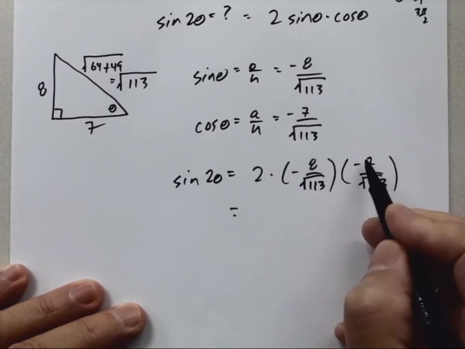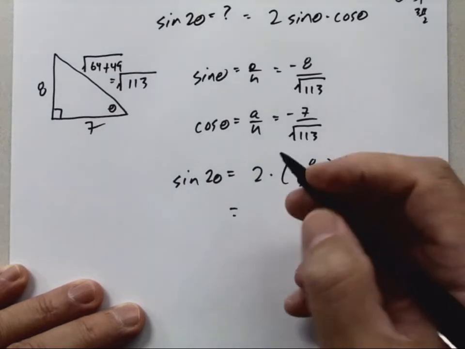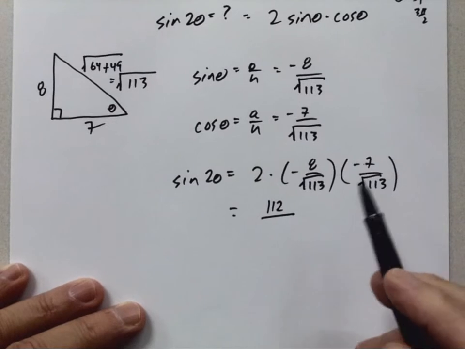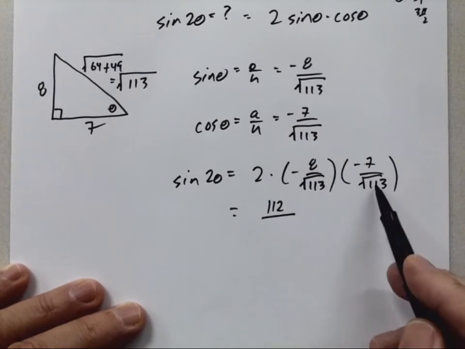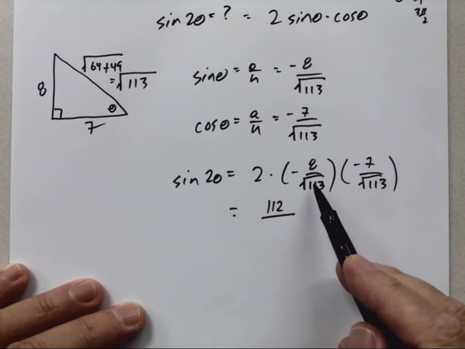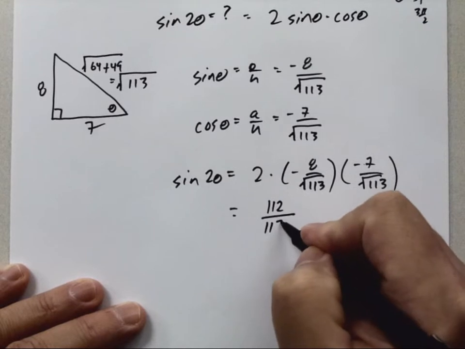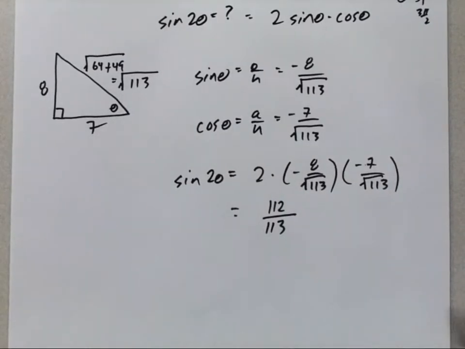Actually, 8 times 7 is 56 times 2. Now in the denominator, I have square root of 113 times square root of 113. This is like square root of 113 squared. What do you get? And that is, in fact, the answer. I'm not going to do the cosine of 2 theta because it's just another formula, and you plug the appropriate trig functions in, and you're good to go.